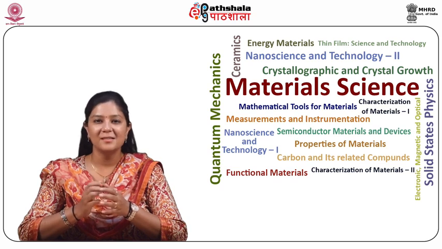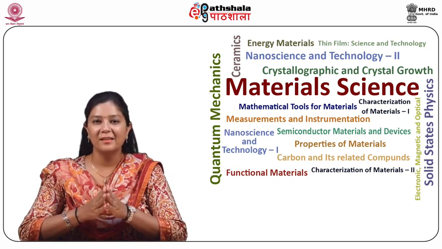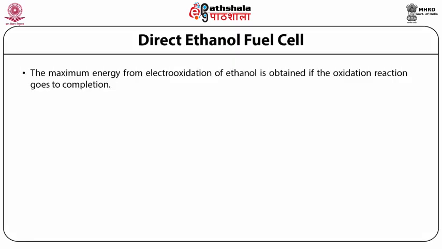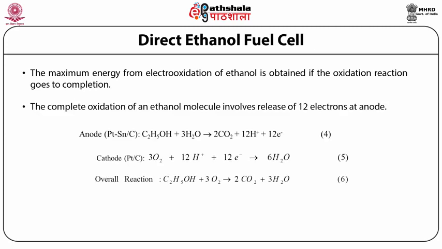The electrooxidation of ethanol is more difficult than that of methanol, since it is necessary to break the C-C bond for the complete oxidation. The maximum energy from electrooxidation of ethanol is obtained if the oxidation reaction goes to completion. The complete oxidation reaction of an ethanol molecule involves release of 12 electrons at the anode.